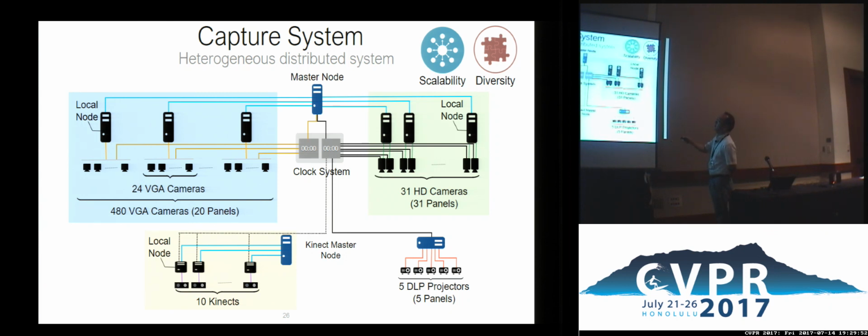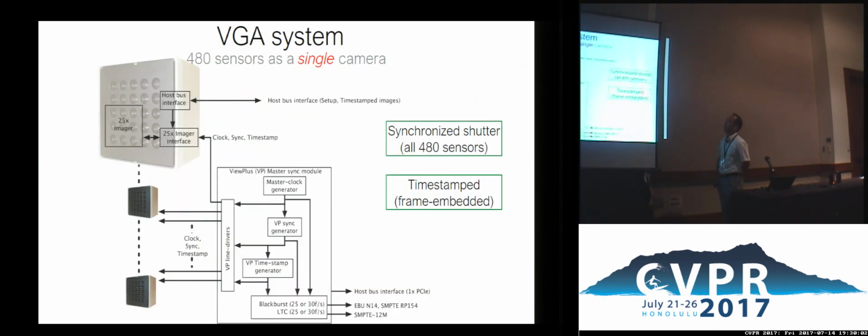In this context, our capture system is a heterogeneous distributed system, and here is the VZ camera. The most interesting point, or very original design, in this camera system is that this is one single camera in some sense with 480 sensors.